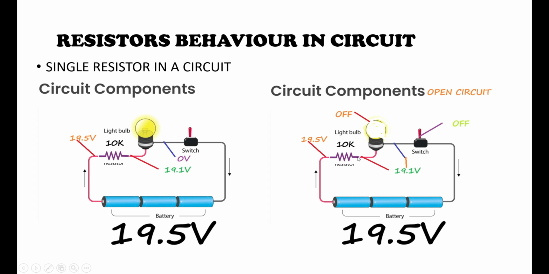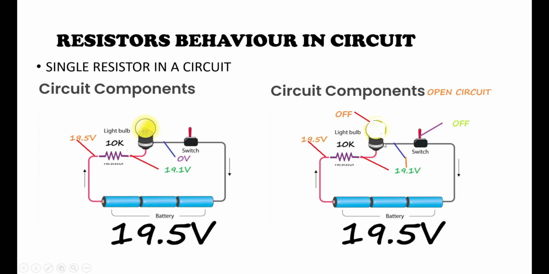Okay, so now one more component, here is the bulb. The bulb will be in the off condition, because here also you will get 19 point something voltage, since it is in series. So it will pass and here also you will get it, but I'm not talking about the exact bulb. In case you are connecting one more resistor, then the source will be 19.1. But it depends on the bulb characteristics whether voltage will be there or not.